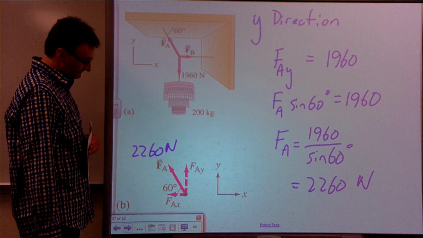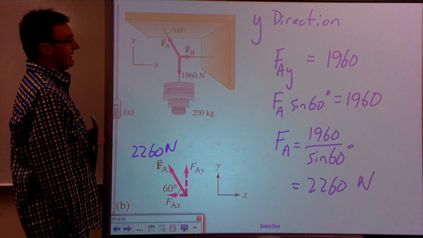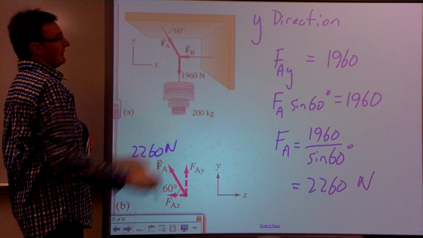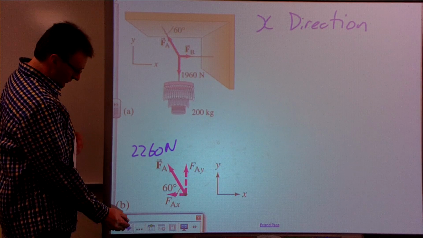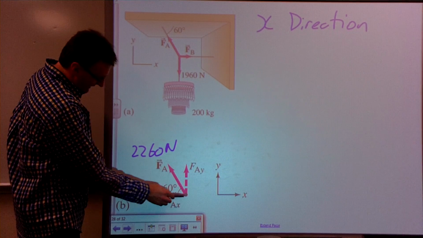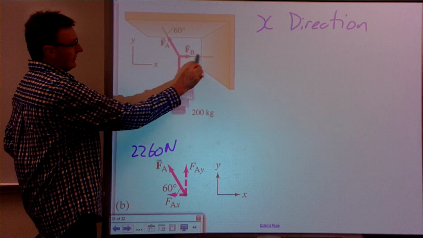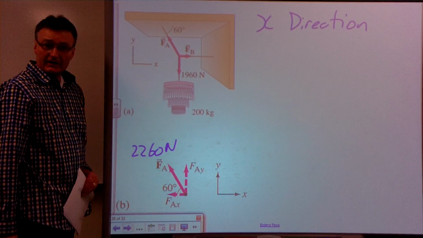2260 newtons. All right, so we have the magnitude of force A now, and so now we need to go back in the x direction to find out what force B is. The way that we will do that is we will use the x component of A, and the x component of A has to equal the force of B, because B is in the x direction only.